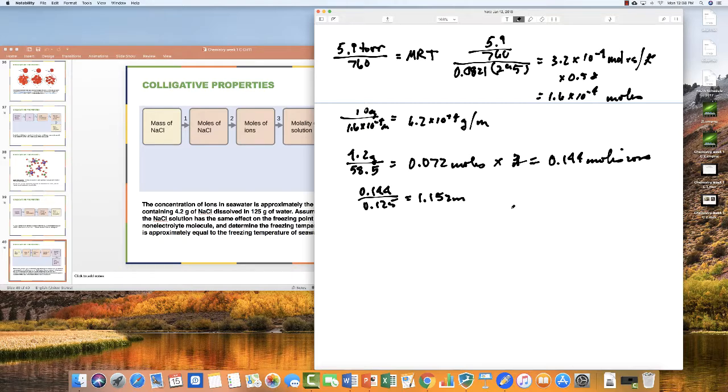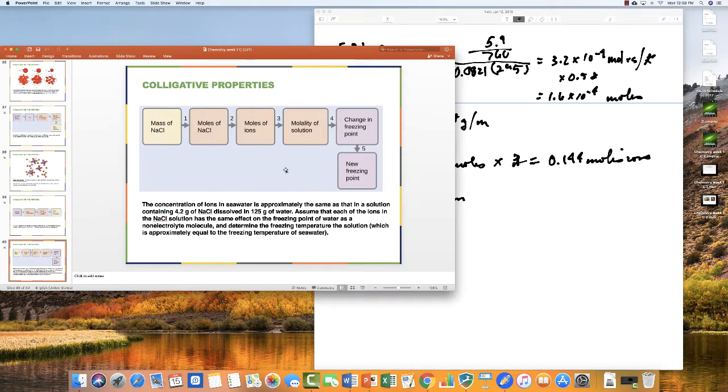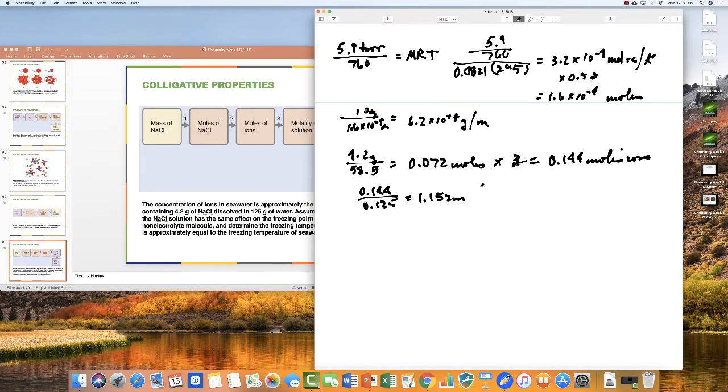That gives you a molality of 1.152 molal. And then the next step is to calculate the change in freezing point. The change in freezing point, delta FP, is going to equal the molality, which is 1.152, times the freezing point depression constant, which, if you look it up, is 1.86.